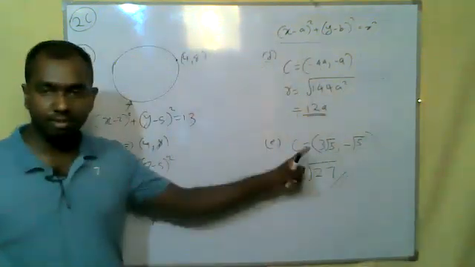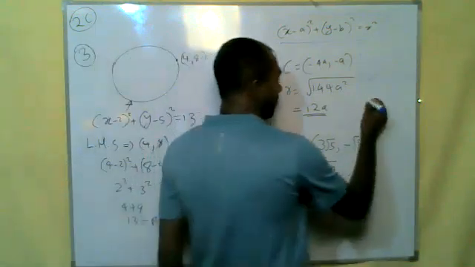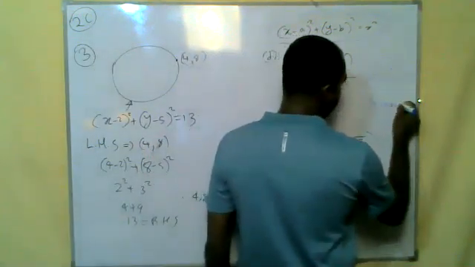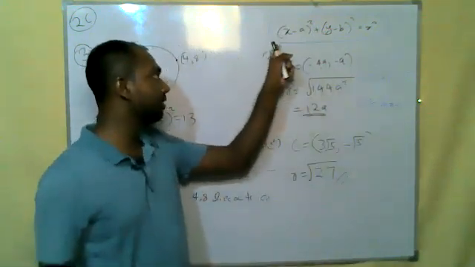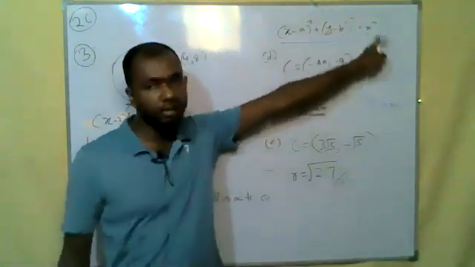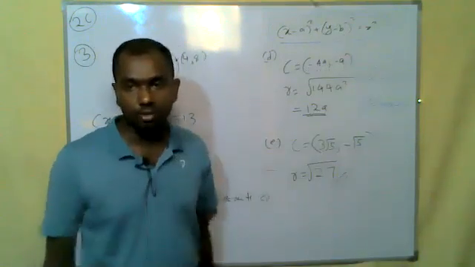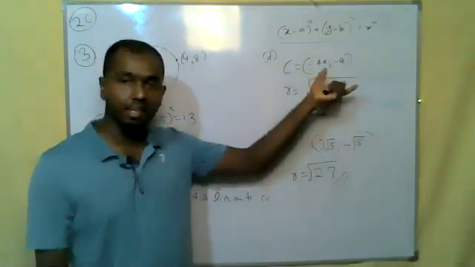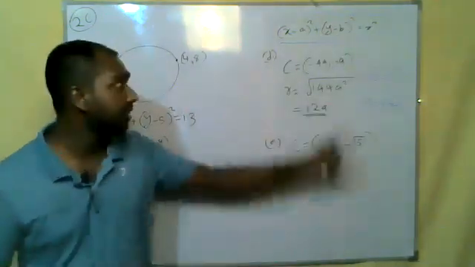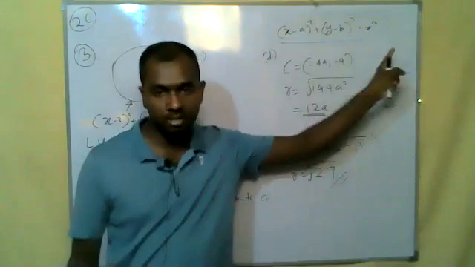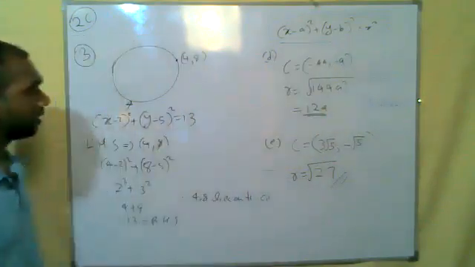Or when you think of a straight line, y equals mx plus c comes into your mind. Similarly, when you think of a circle, this new thing should be going into your mind. So exercise 2C is focusing on getting yourself familiarized with this equation. What is center, what is radius, and the other stuff. Okay.